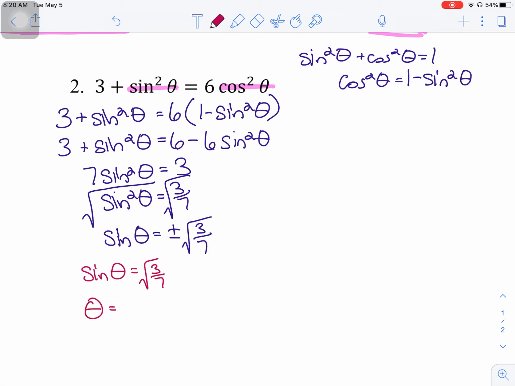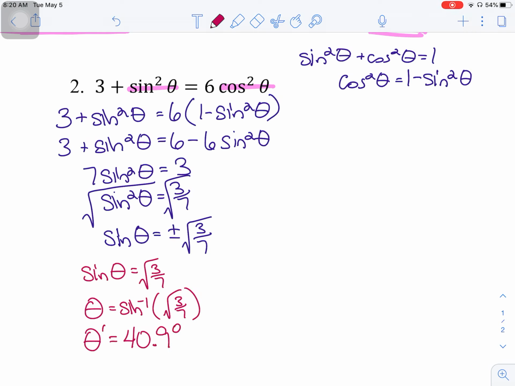To get theta by itself, I'm going to take the inverse sine of root 3 over 7. Remember, these answers are supposed to be in degrees, so make sure your calculator is in degrees. And I am getting my reference angle, theta prime, is 40.9 degrees.